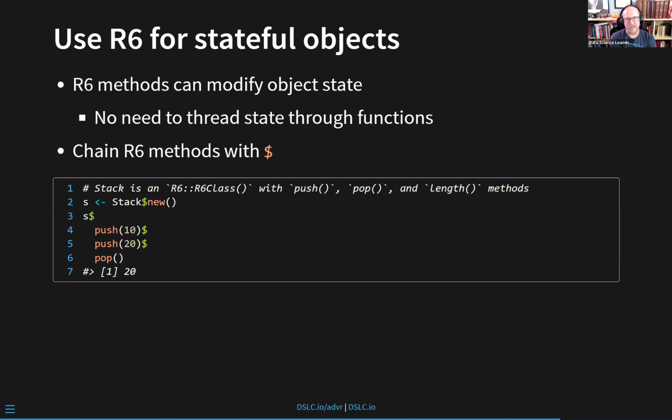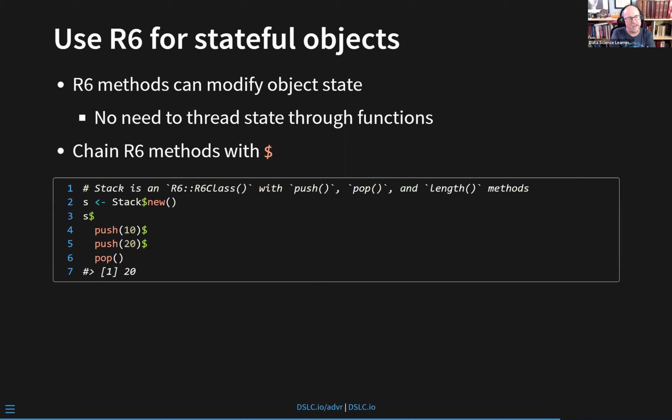And so you don't have to keep passing the parent object on to the next step in a function. By the fact that you call a method on it, the updated version gets passed on.